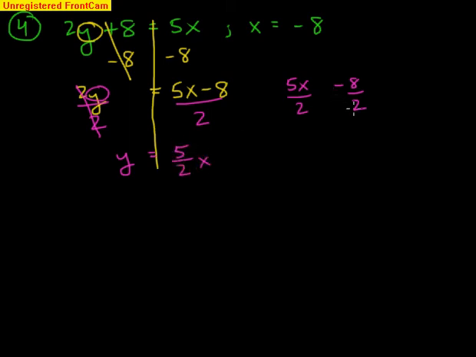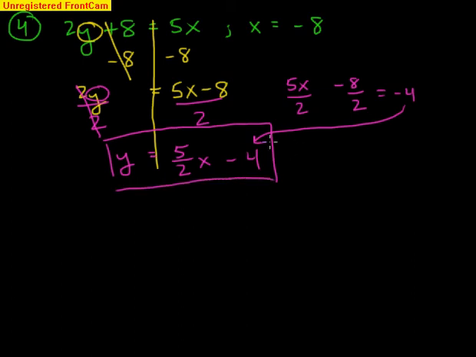Now, negative 8 divided by 2 is going to be negative 4, so you put a minus 4 there. That's where that minus 4 comes into play, because the answer was negative. So make sure you take the signs with your numbers. So there's our equation, y equals 5/2 x minus 4.